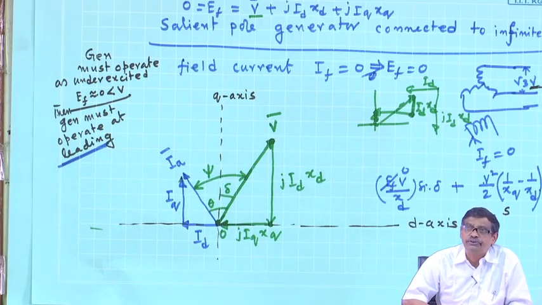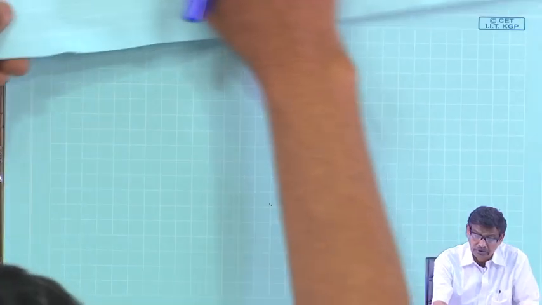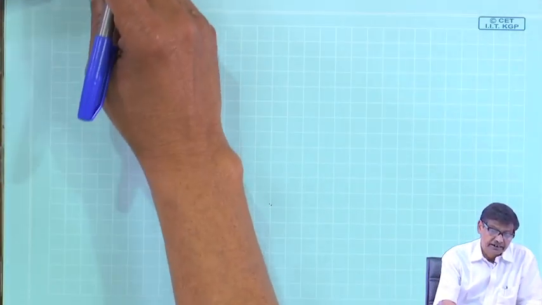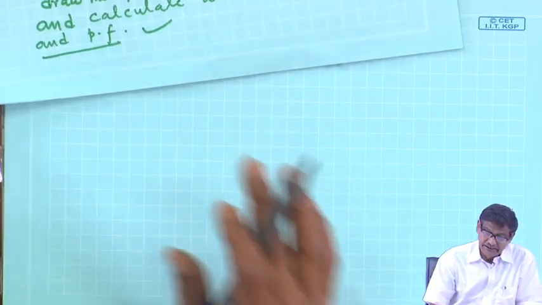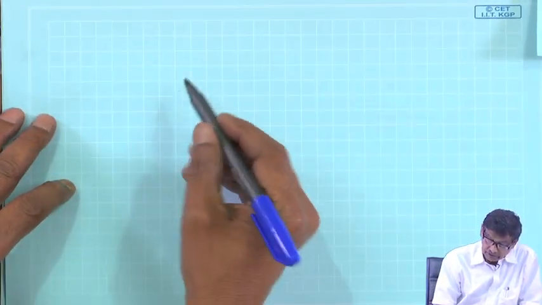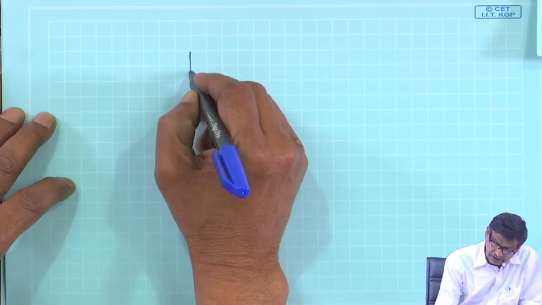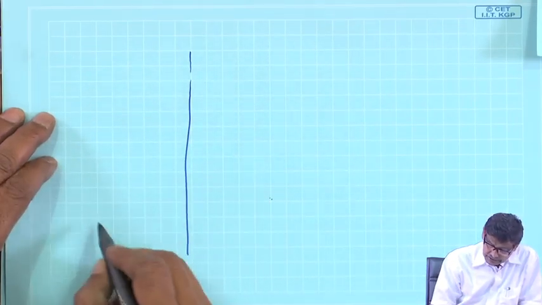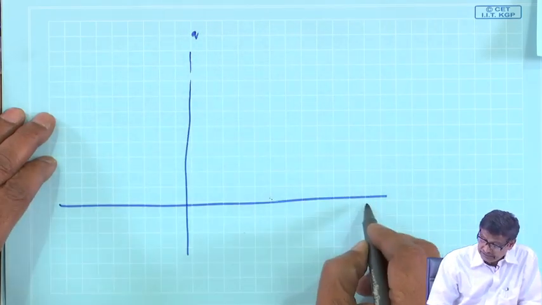If you know ID and IQ, armature current will be the square root of IQ square plus ID square. So this synchronous motor with field current 0 we were discussing, and the interesting thing I would like to tell about the drawing of the phasor diagram, which let me do very quickly, is this is Q, this is D.